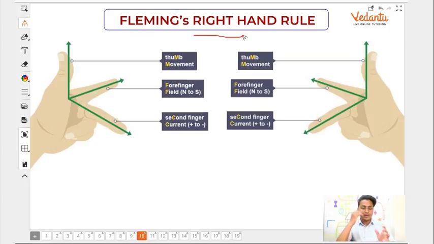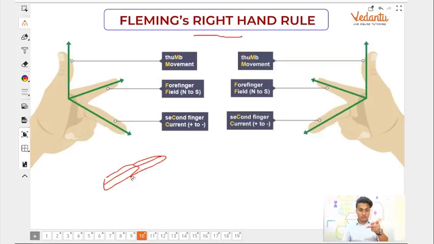In terms of theory, both of them are the same. Let me recap what Fleming's left hand rule was. It stated that whenever I have a current carrying conductor placed in a magnetic field, for example a conductor like this with current flowing in this direction, I extend my left hand and project my forefinger in the direction of the magnetic field, and my middle finger in the direction of the current.